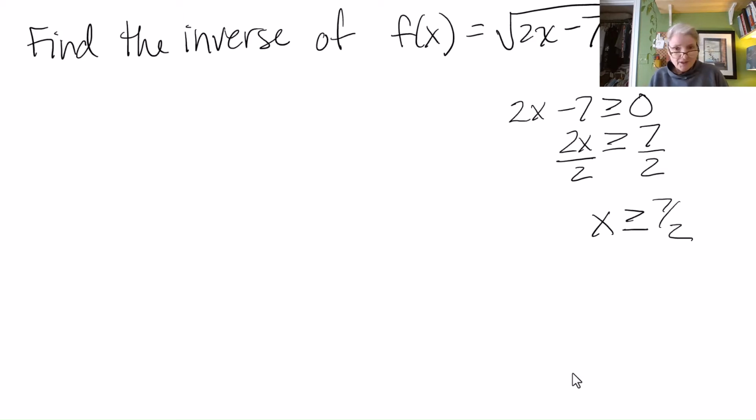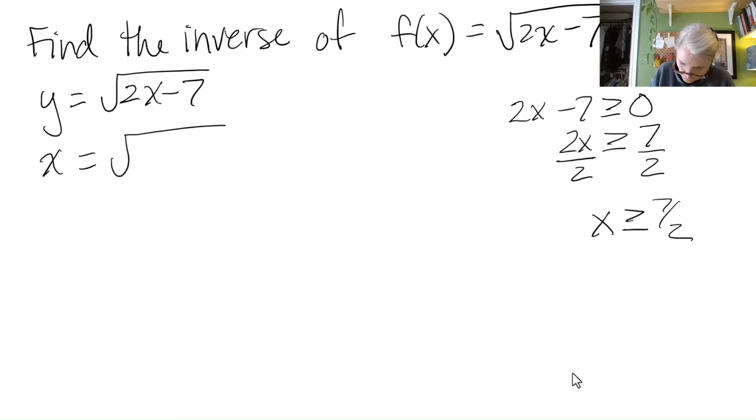So the process of finding the inverse is the same. We replace the f of x with a y, and then the x and the y need to switch places. And then you're solving for y.